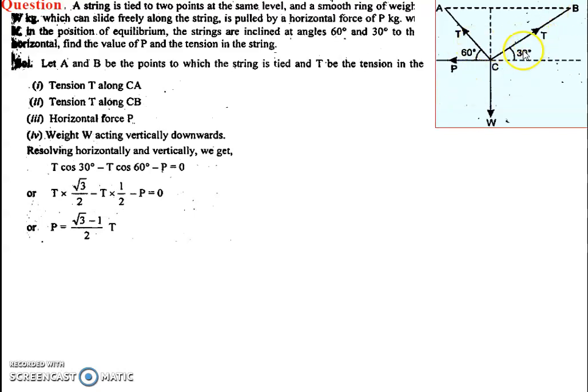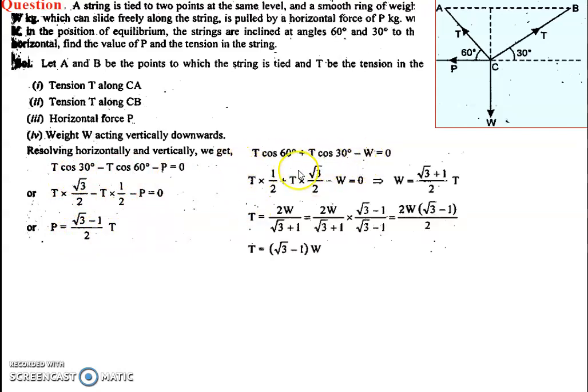T into cos 30, T into cos of 180 minus 60, that is 120, P into cos 180 degree, and W into cos 270 degree. Students, this way we can write, or we can write in another way, but the answer remains the same. After simplifying this, we got P is equal to this.